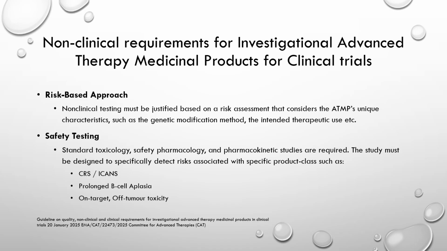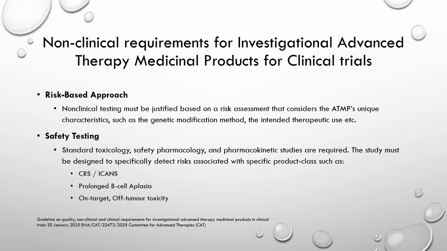Now, your safety testing: you need to do your toxicology testing and your safety pharmacology testing. Pharmacokinetics studies are required, and the studies have to be designed to specifically detect the risks associated with a specific product class, as I've just said.